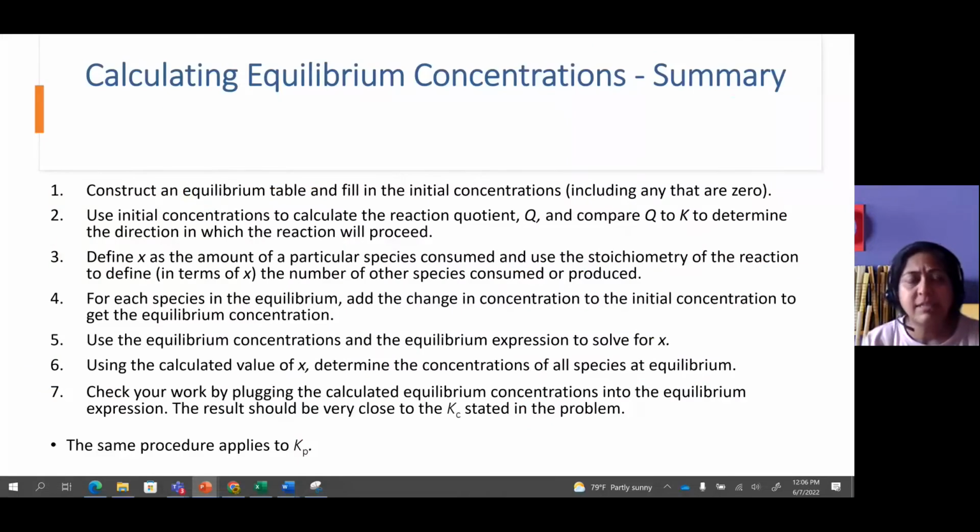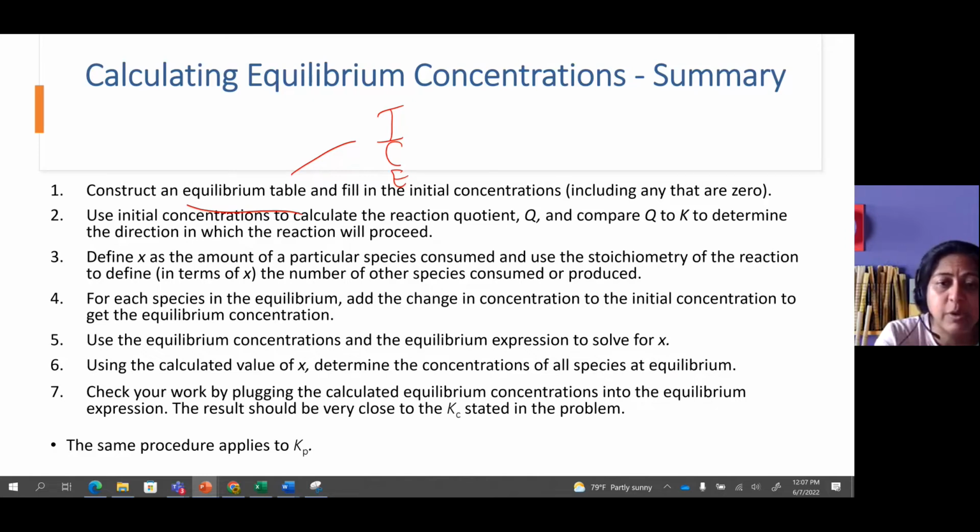Here I have summarized the principles that you should remember when you are doing an equilibrium concentration calculation. First, you need to construct the ICE table: initial, change, and equilibrium. If you want to know whether it is in equilibrium or not, you need to compare the Q value with the equilibrium constant.